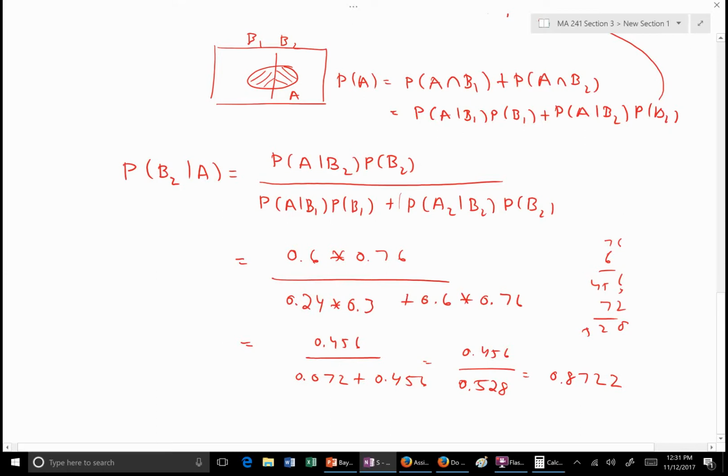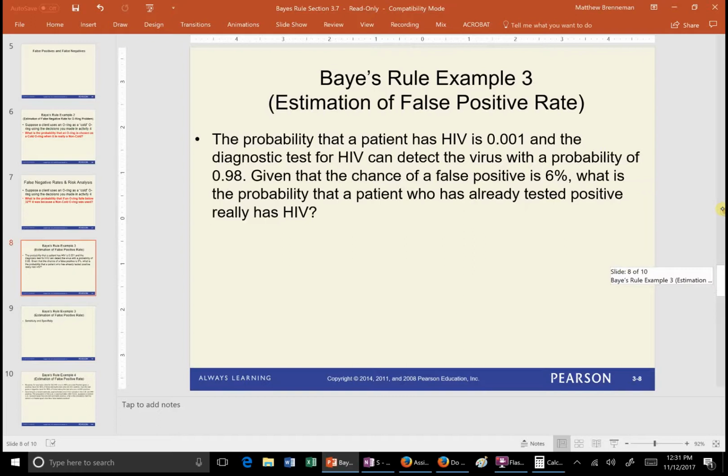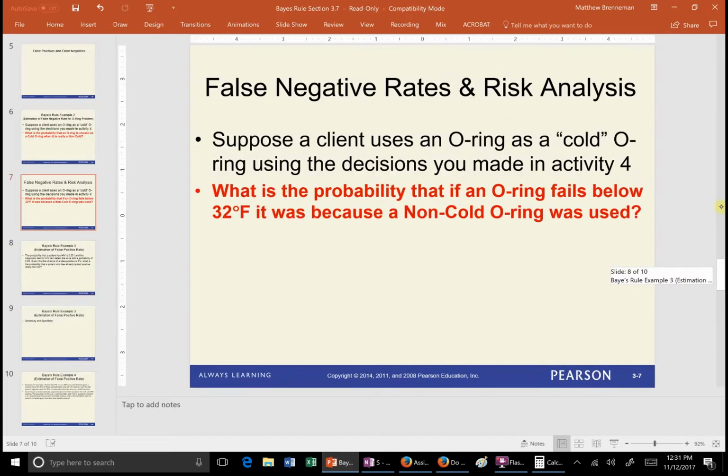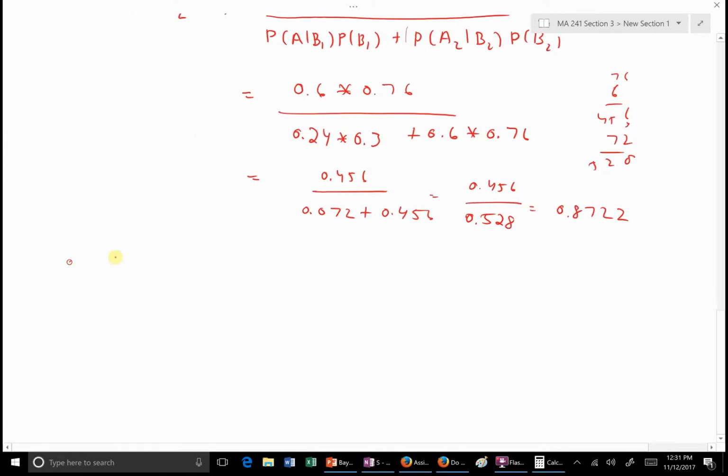And this way comes up a lot when we're talking about medicine. So we talked about this thing called false positives and false negatives. And so I want to go through this a little bit. So another application is looking at false positives and false negatives. In other words, we use Bayes' rule a lot when we're doing testing.